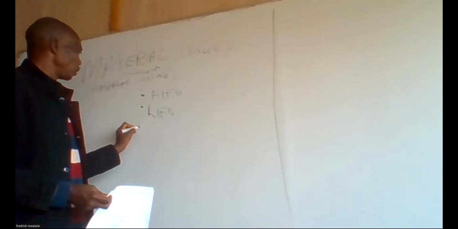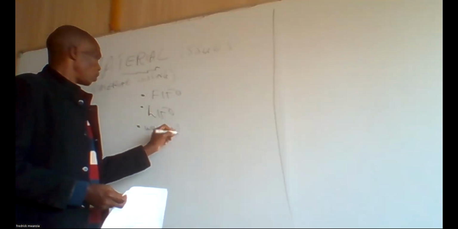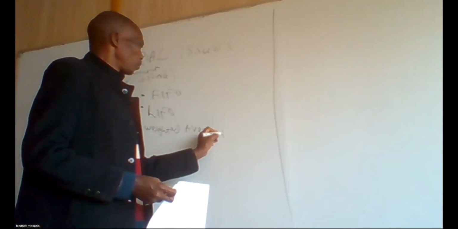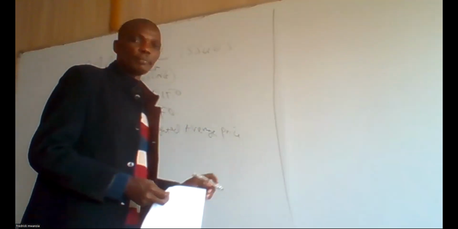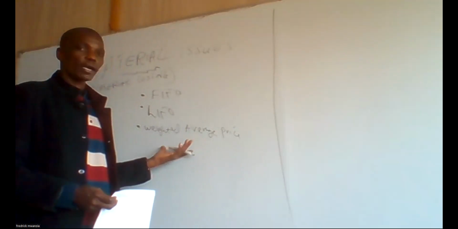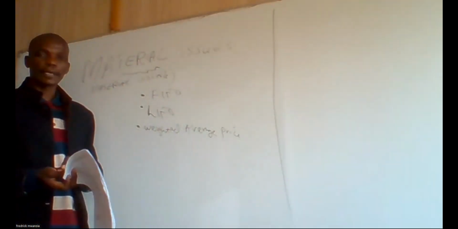Also, we have what we call weighted average price. We shall understand what that means. So weighted average price basically takes into account some number of prices. We shall have to understand it when we get there.